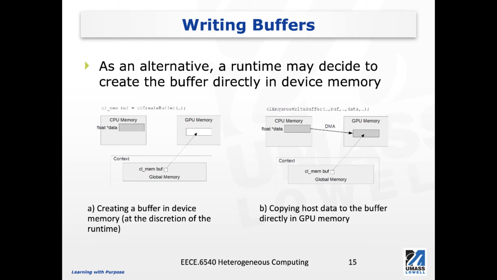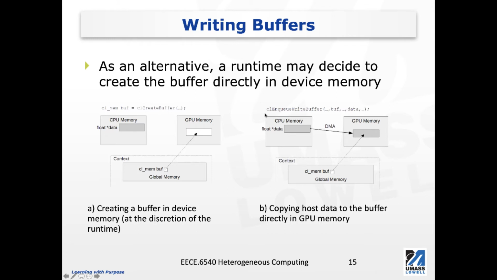As an alternative, we can use the write buffer APIs to create a buffer directly and copy the data explicitly. So this is what we're going to do. First, we use create buffer without specifying host related memory flags. So in this case, we actually create the buffer physically on the device side. You will see in this example, as illustrated, that the buffer object will point to a buffer allocated on the device side.